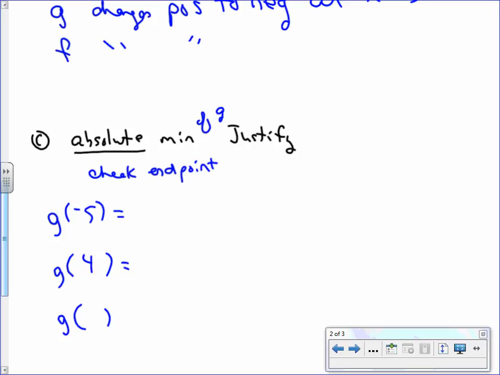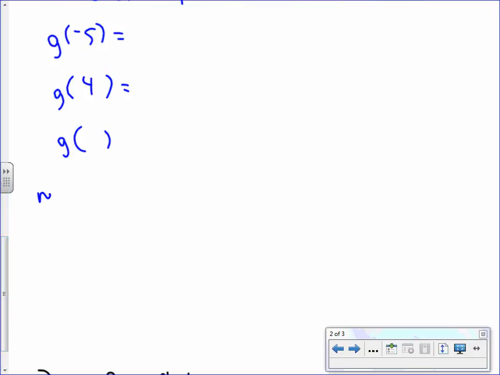Okay? Now I love that they added relative max in D, and now they're doing relative min. So where is there a relative min? G prime changes negative to positive, and that's at 6. So you have to find G of those 3 things. How do you find G?